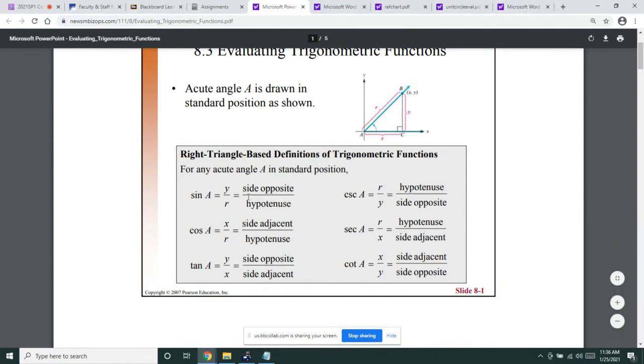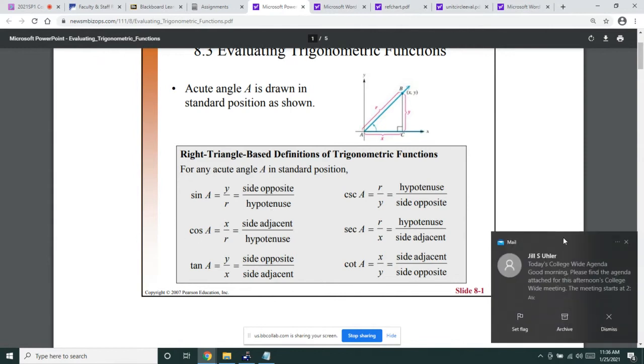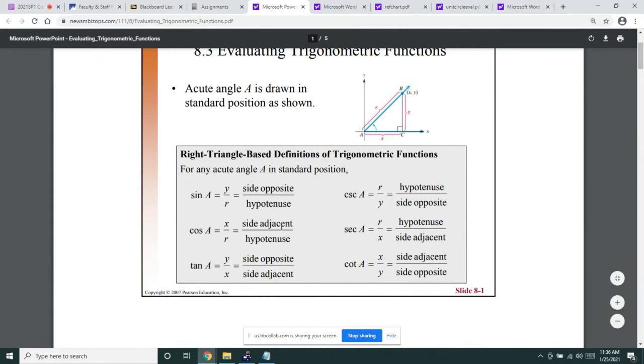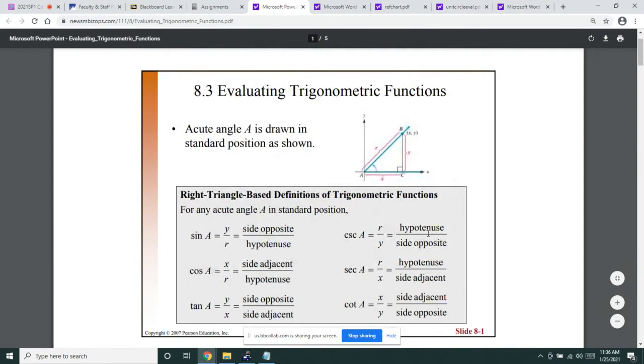All right, the sine is the opposite over the hypotenuse. The cosine is the adjacent over the hypotenuse. The tangent is the opposite over the adjacent. The cosecant is the hypotenuse over the opposite. Secant is the hypotenuse over the adjacent, and then cotangent is the adjacent over the opposite.